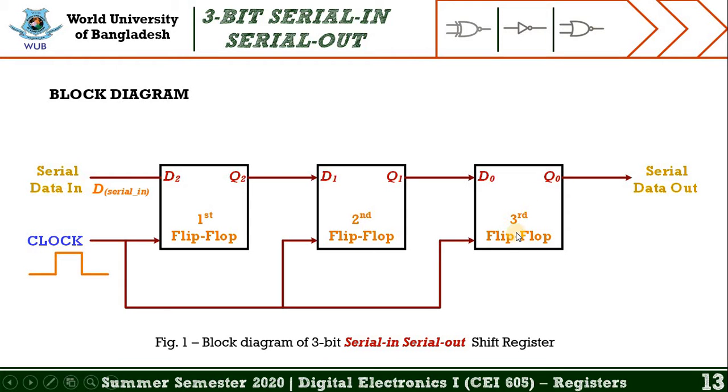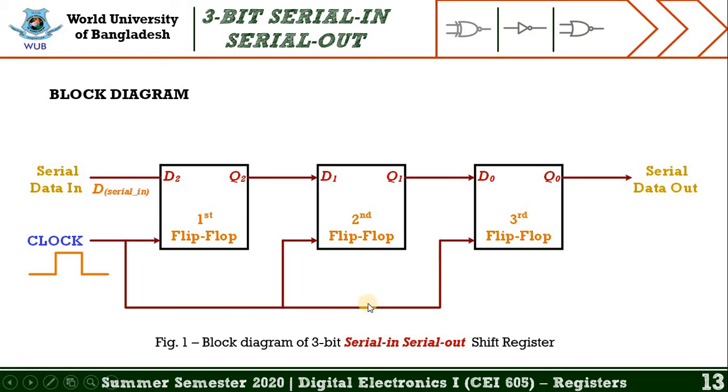On the left side of the first flip-flop you may find data in, which is serial, because we are going to design a serial in, serial out register. That's why on the right side of the third flip-flop, the output side, you find data out, which is also serial.